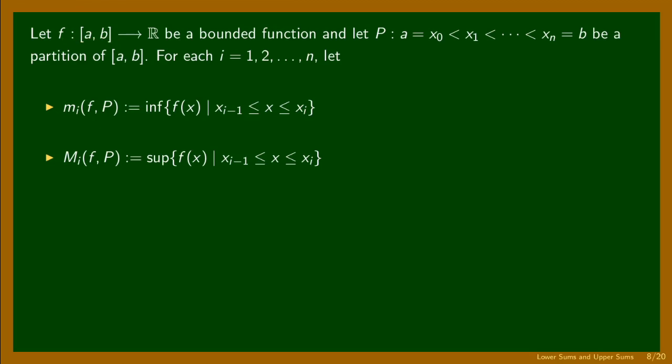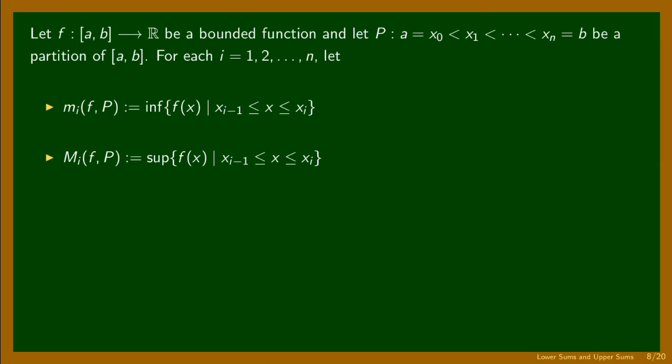Now, ano yung mi tsaka Mi? For you to imagine this, pag sinabing m sub i, titignan mo yung i na sub-interval. Ito yung pang-i na putol. Sa pang-i na putol, titignan mo yung mga values ng f. Siyempre, marami yun. Iba-iba. Depende kung paano nagbe-behave yung f. Now, among the values, kukunin mo yung infimum.